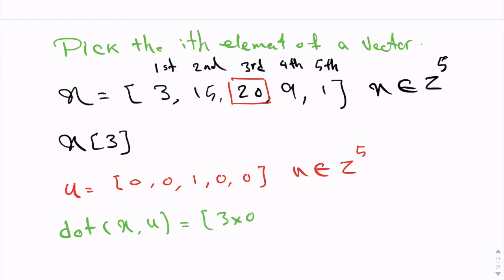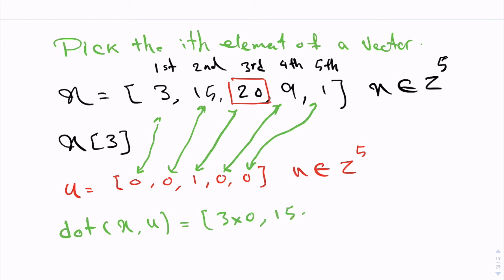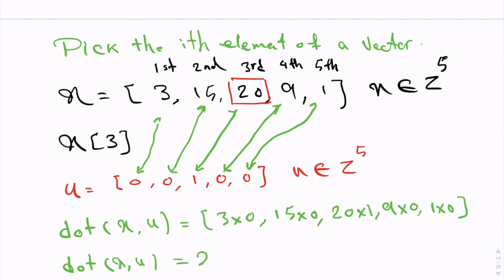We're multiplying elements by elements: this one goes with this one, this multiplies here, this multiplies here. 3 times 1, 0 times 15, then 20 times 1, then 9 times 0, and 1 times 0. What is the output? The dot product of x and u gives me 20.